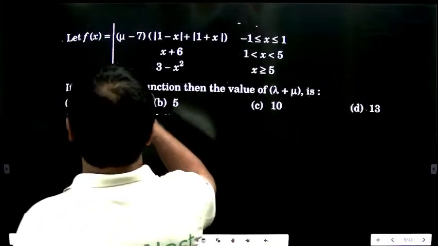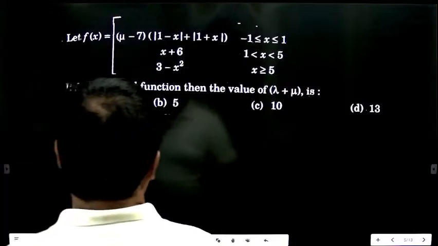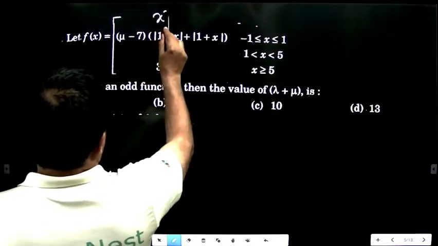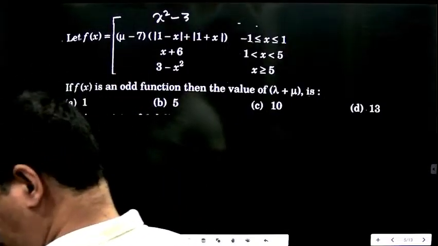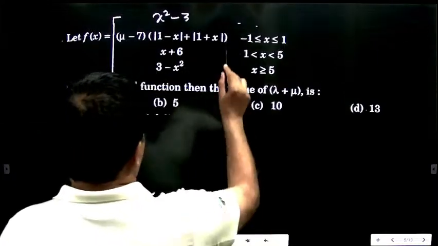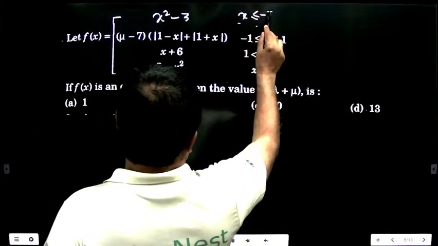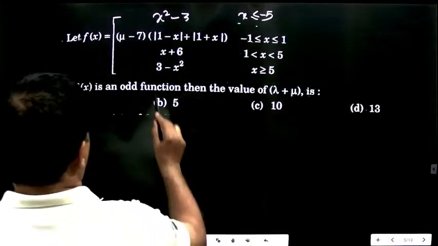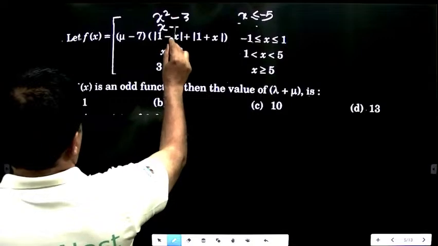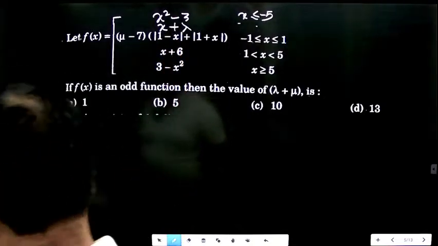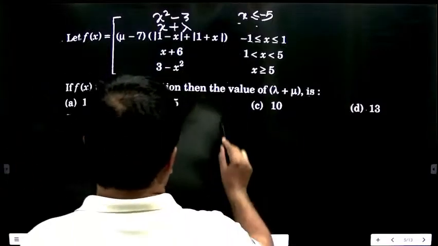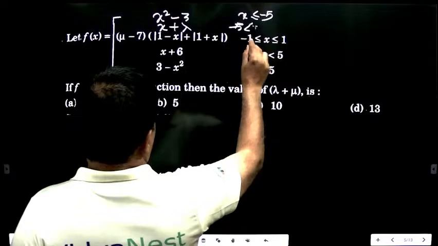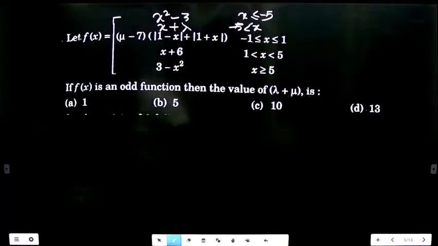See, there is some misprinting. x square minus 3 x plus lambda. Now it is okay.